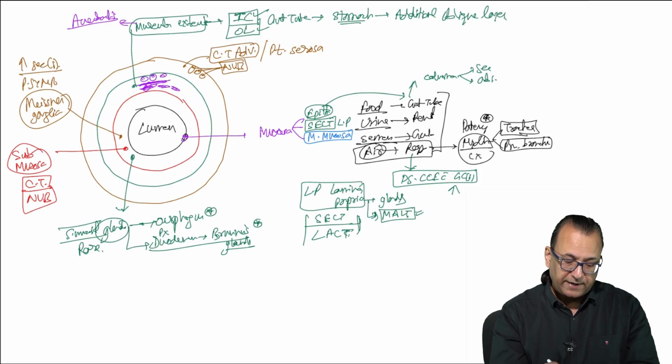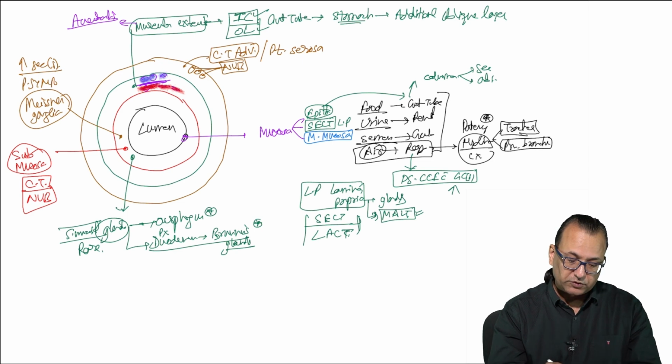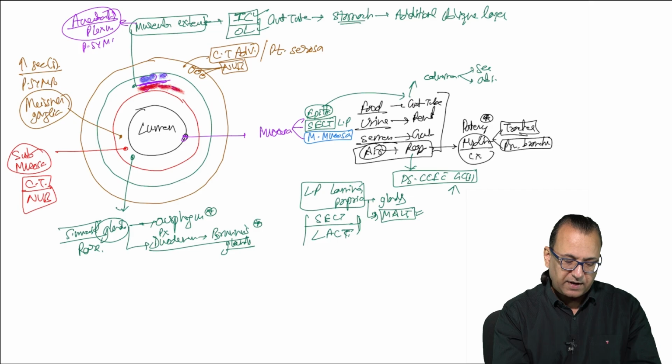So, there will be inner circular and outer longitudinal muscles. Abutted between them is the Auerbach's plexus. So, this Auerbach's plexus or Auerbach's ganglia is again parasympathetic system, and it is to increase the peristalsis, to increase the evacuation.